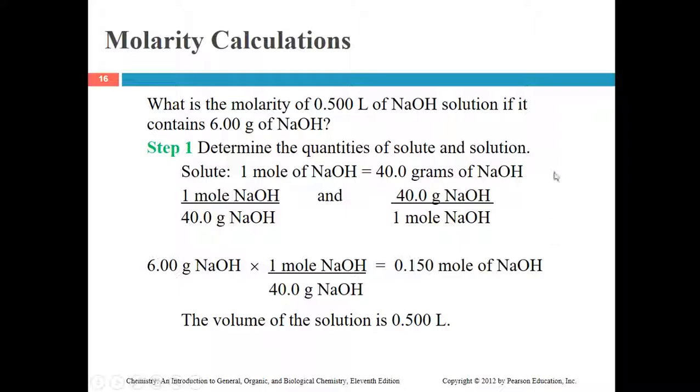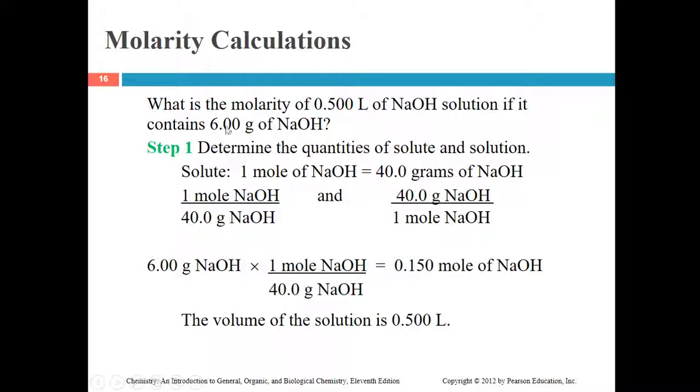We look up the molar mass. Hydrogen is 1, oxygen 16, sodium is 23. You add them together and that makes 40. So we have these conversion factors that 1 mole of sodium hydroxide is 40.0 grams, or we could have inverted it, 40.0 grams of sodium hydroxide is 1 mole of sodium hydroxide.